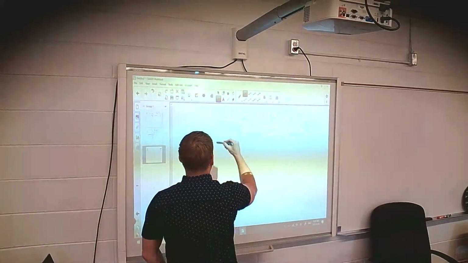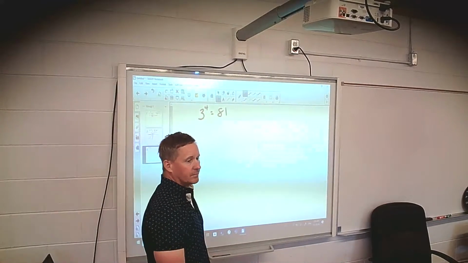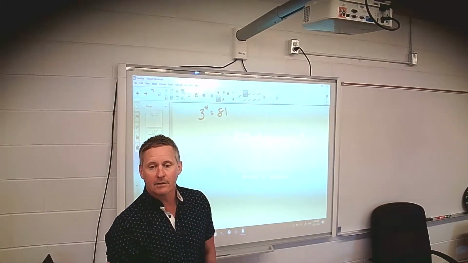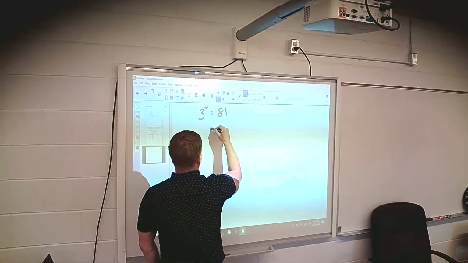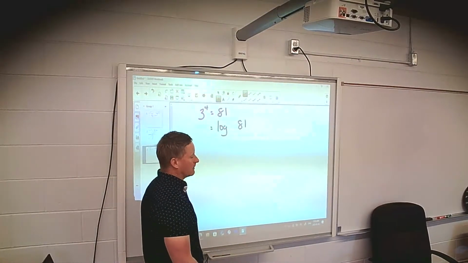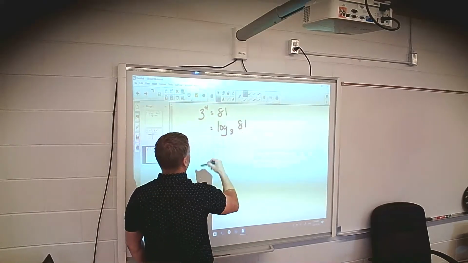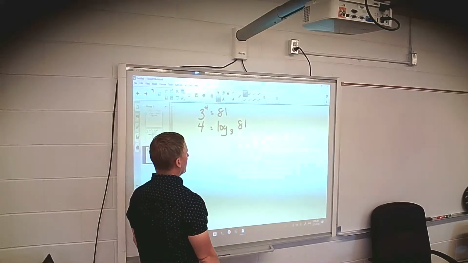So I have 3 to the 4 is equal to 81, which we know is true. To write that in logarithmic form, I go log 81 over here, move the base down to here, and that should equal 4.